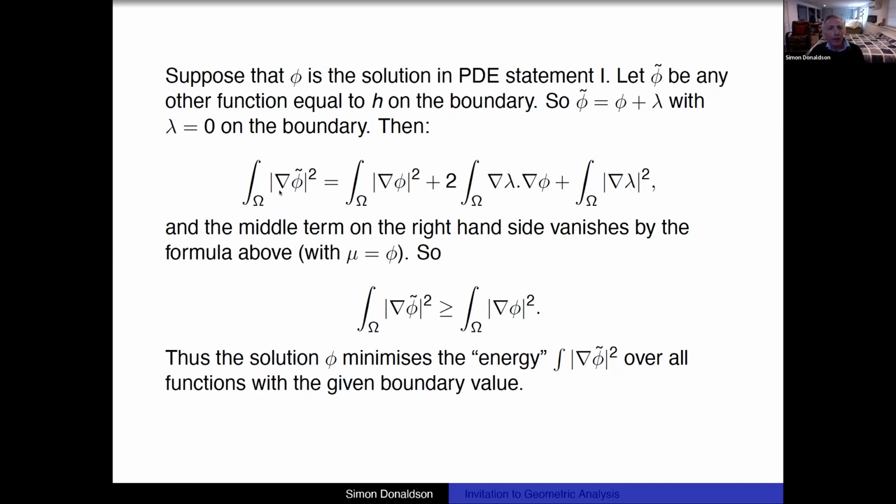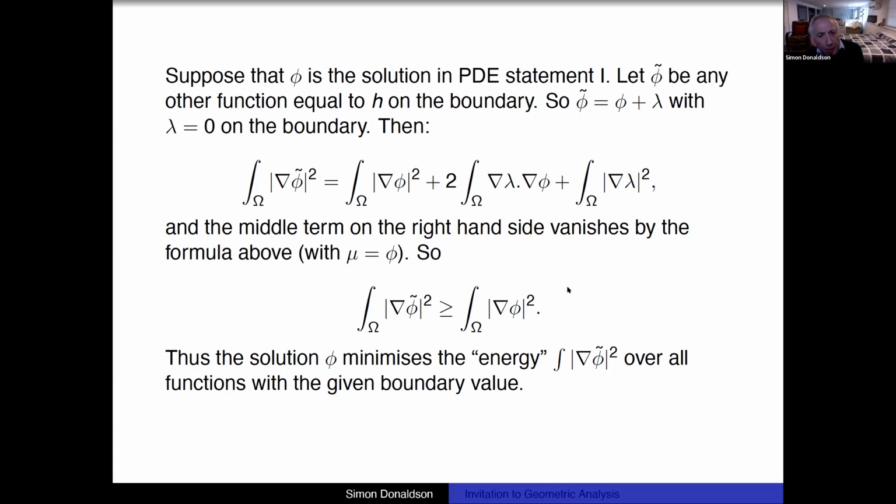So this integral of the square of the norm of the derivative of phi tilde is bigger than the thing for phi because they differ by this positive term here.